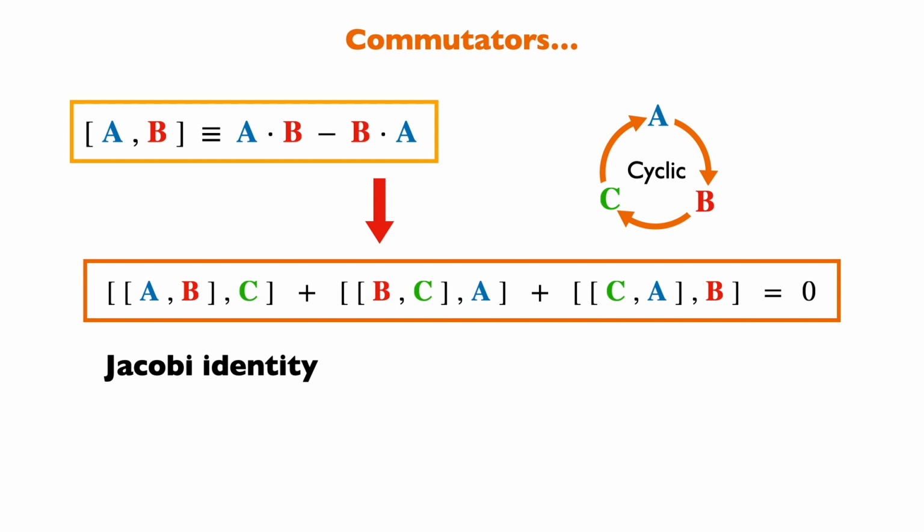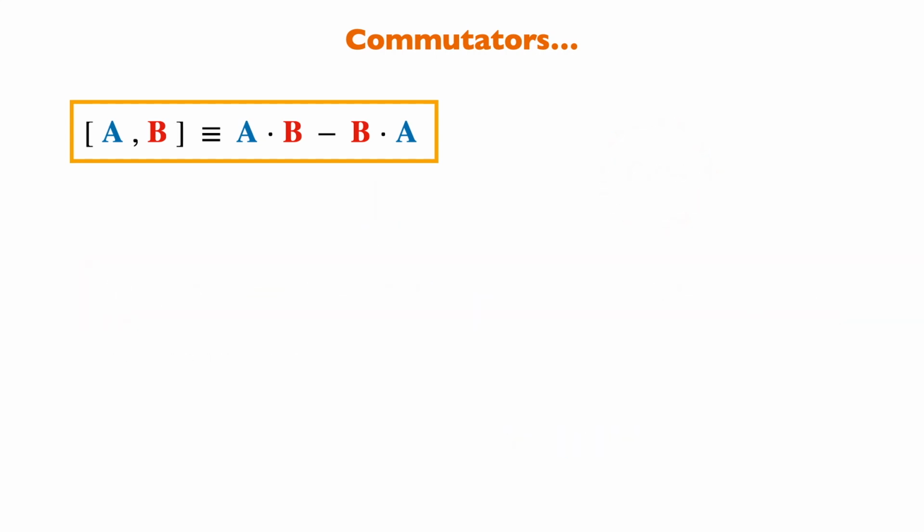You can easily verify this identity by just expanding the expression using the definition of the commutator, while being careful at each step to preserve the ordering of operators. Another useful identity that follows from this definition is this.